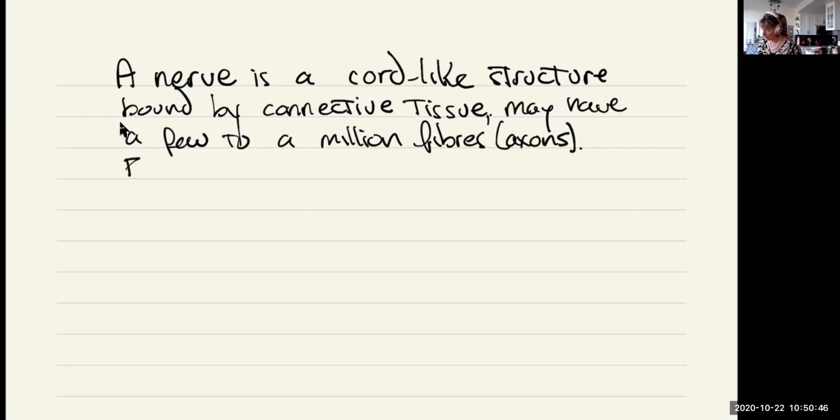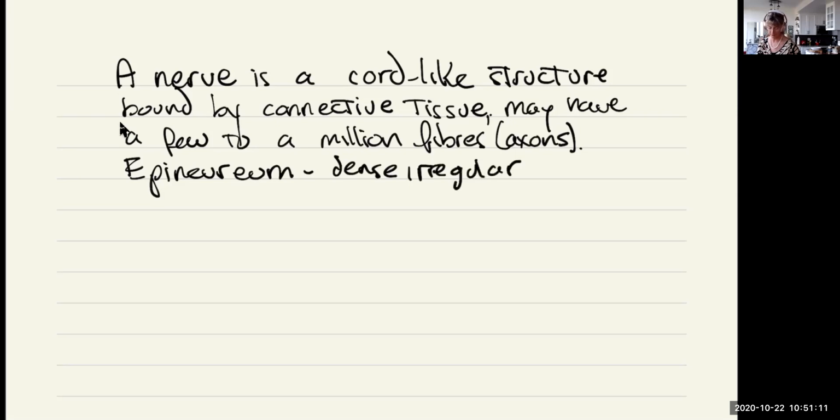The epineurium is the connective tissue that surrounds the nerve. Which is dense, irregular, fibrous tissue.